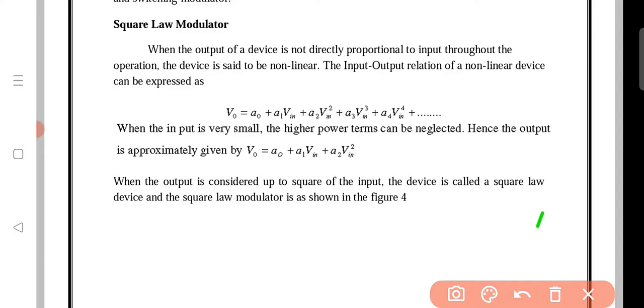The input output relation of a non-linear device is expressed as V0 = a0 + a1 Vin + a2 Vin square + a3 Vin cube, and so on. Here the orders are increased step by step. This is the input output relation of the non-linear device.